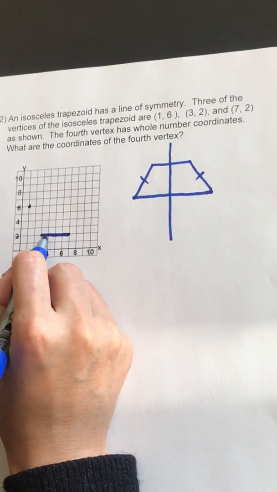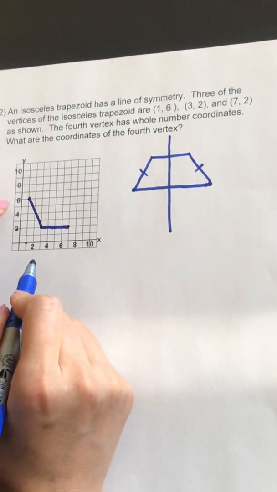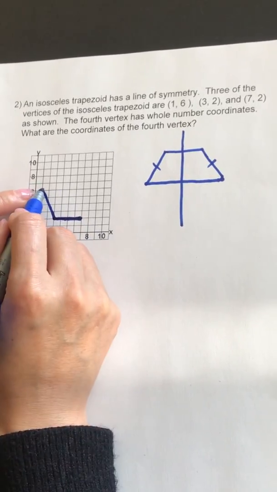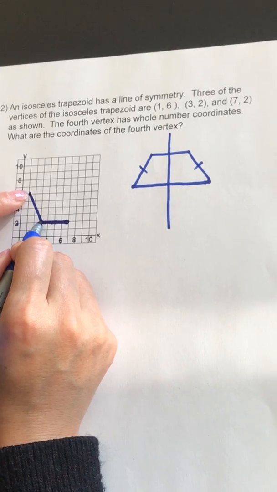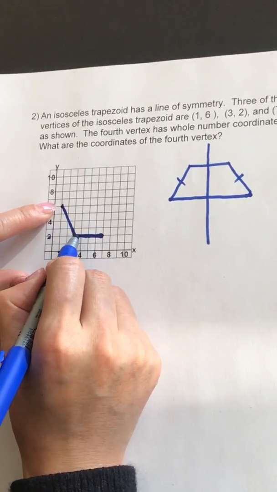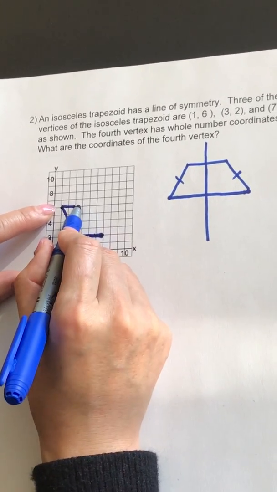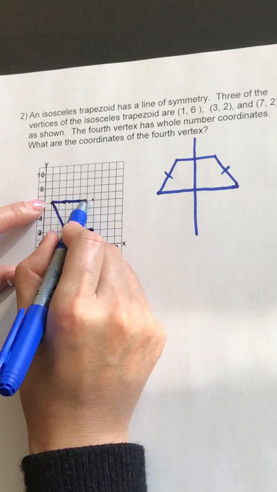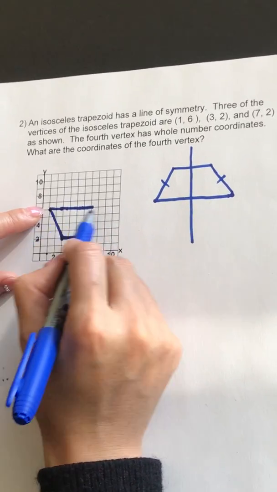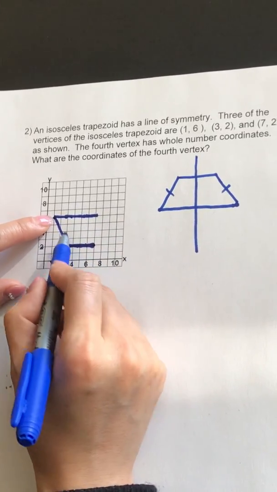If we say this is one of the sides, we have 1, 2, 3, 4, which is the same as this. Now we need to have exactly the same on the right hand side as on the left hand side.